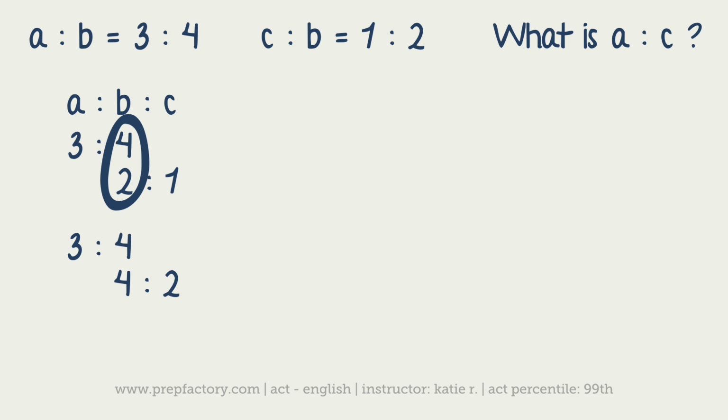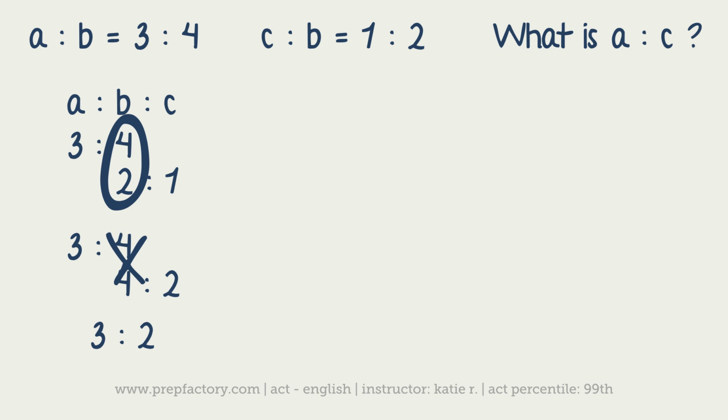So since 4 is the same number, we know that A to C is 3 to 2. So you're basically just getting rid of the middle number. So you just want to set it up in a way that you can easily see what's going on.